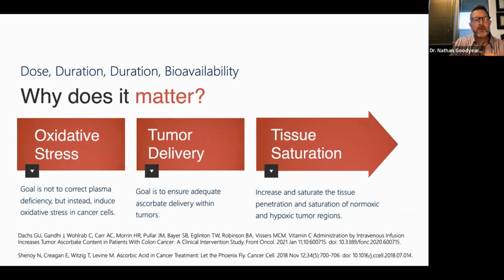Because what we're going to do is create oxidative stress within the cancer cell. Again, that hydrogen peroxide that gets produced outside the cancer cell gets taken up into the cancer cell preferentially. And within that, that's where you get what's called oxidative stress. You get this burst, and it actually depletes the cancer cell of glutathione. It downregulates glutathione, which is a key detoxifying molecule.